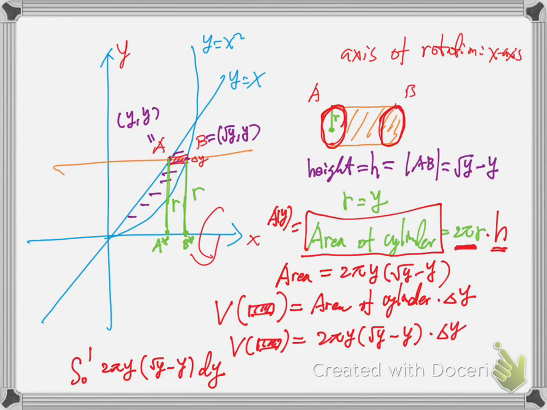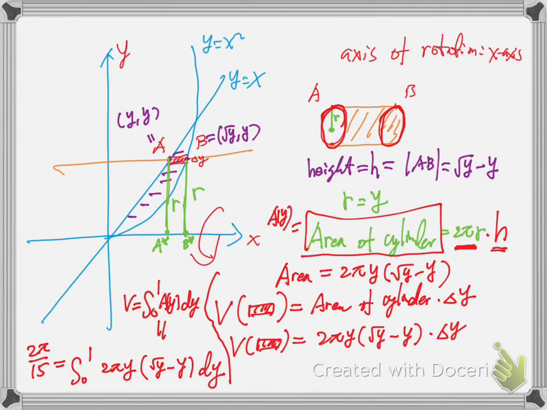Then V is just the integral from 0 to 1 of A of y dy. Then you use the anti-derivative to find this integral. I don't have space, so I will skip that part. You will get the same answer, 2 pi over 15.